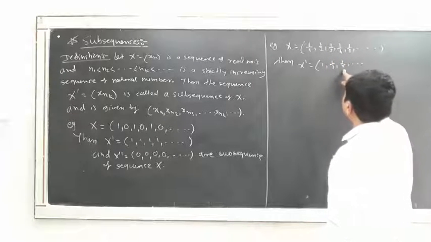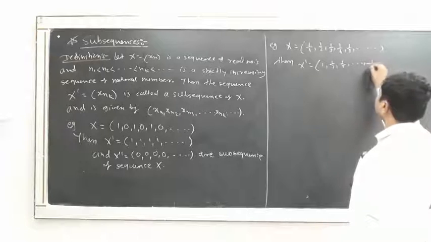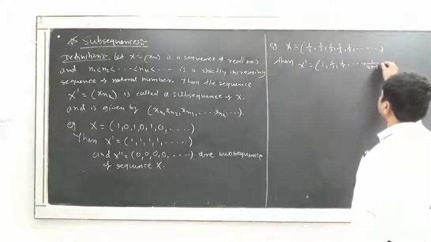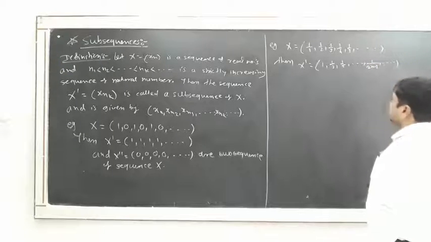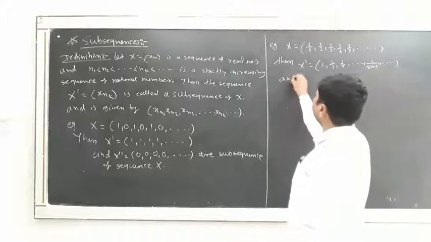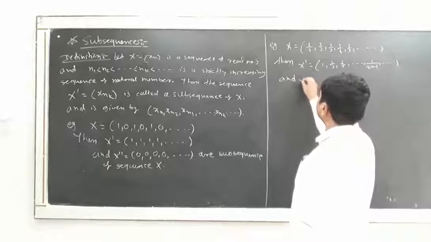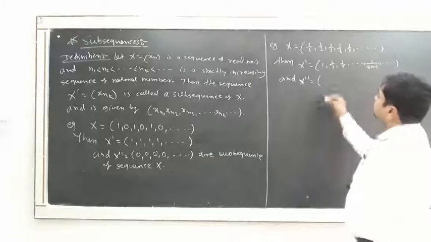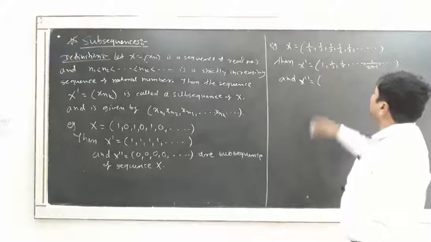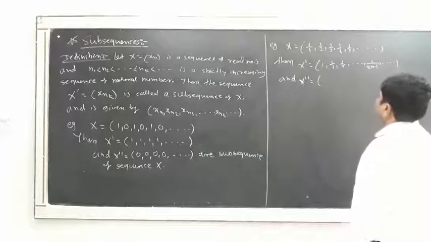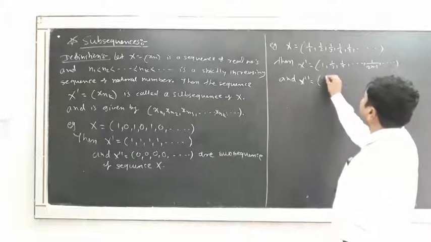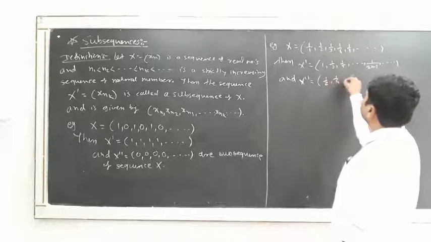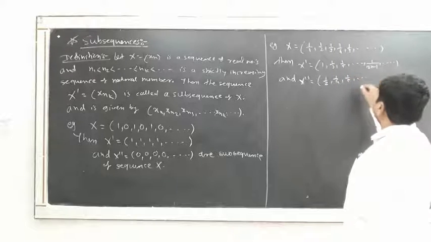It is the odd number sequence, so it is 1 upon 2n minus 1, and so on. And X double dash we can write as the reciprocal of the even number sequence: 1 upon 2, 1 upon 4, 1 upon 6, and so on.